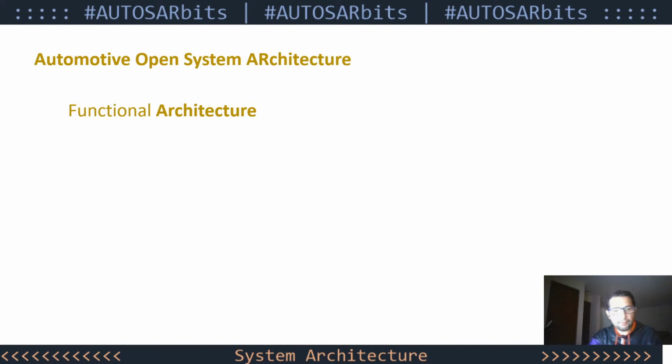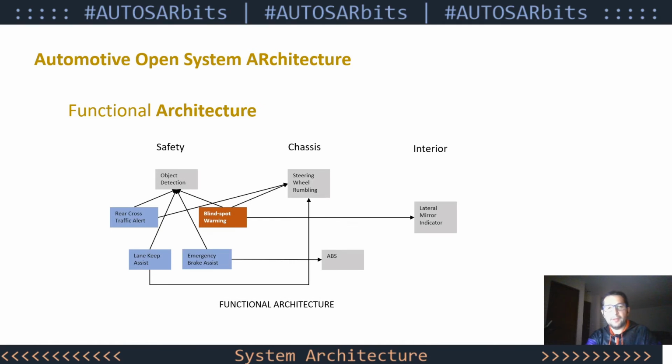So first of all, functional architecture. In this diagram, in this work product, we have how the different functions relate to each other and the dependencies among them. As we can see here, functions like object detection, rear cross traffic alert, blind spot warning, and so on are interrelated and belong to a certain domain, which in this case is safety.